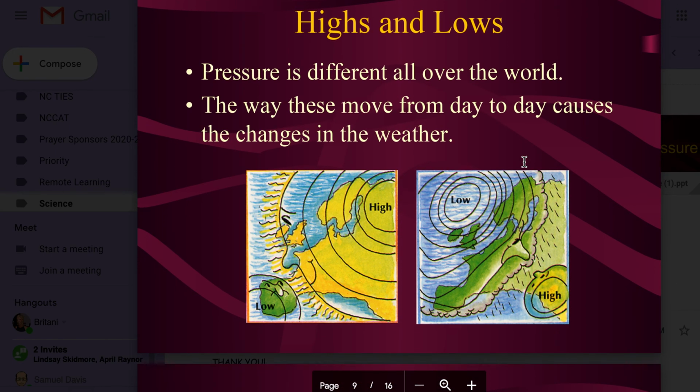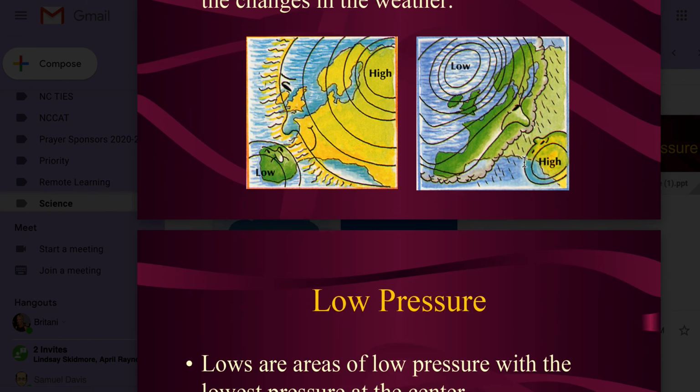highs and lows. You may have seen this on a map if you've watched a weather forecast also. Pressure is different all over the world. And the way that they move from day to day causes changes in the weather. So we see that our weather changes from this morning to this afternoon, and on and on. Okay.